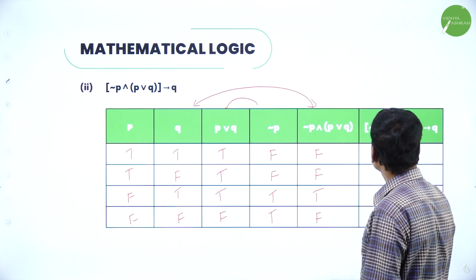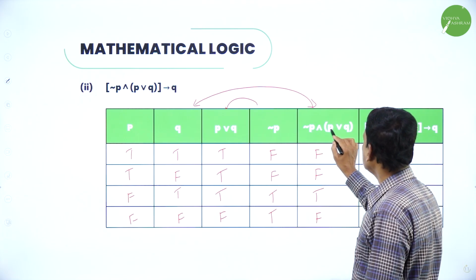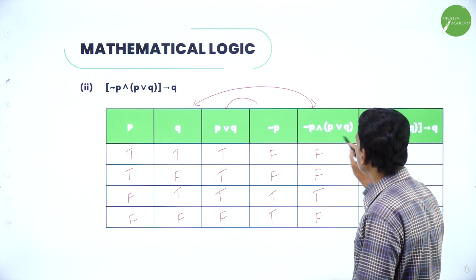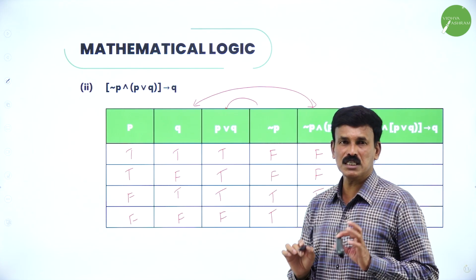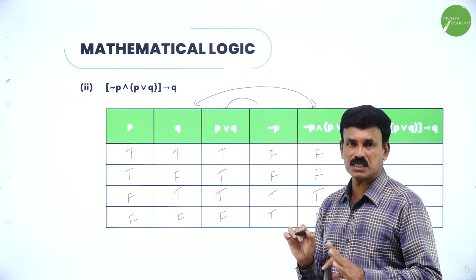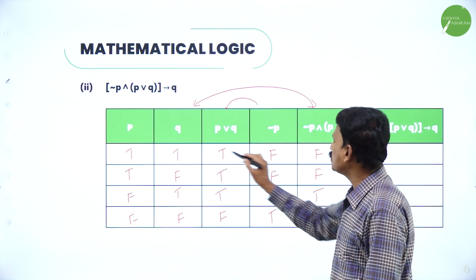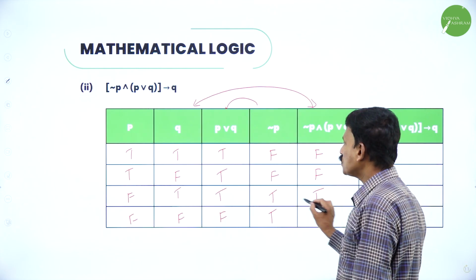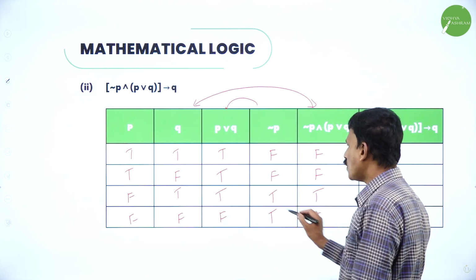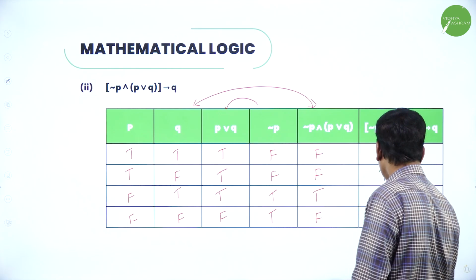Now, write down the conditional statement for negation P conjunction P disjunction Q, and Q. Conditional means true and false is false, and in all other cases it is true. So, false and true is true. False and false is also true. True and true is also true. False and false is also true. So, what do you say?